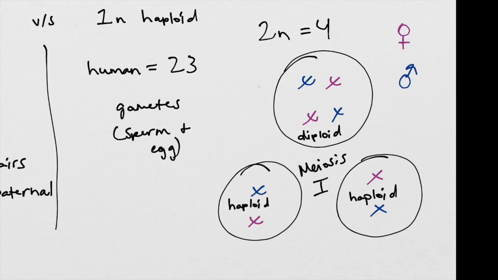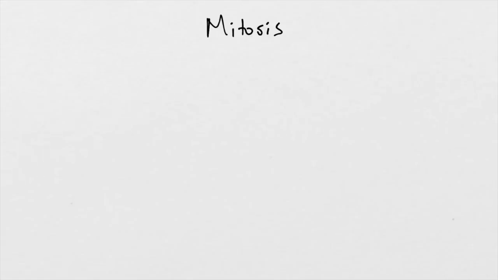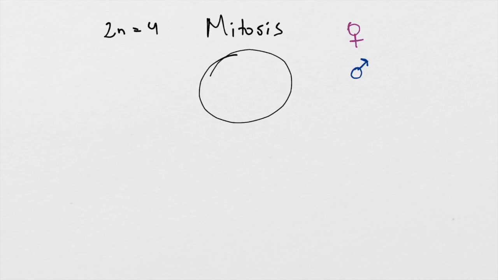So those two cells are at the end of meiosis 1, right? Let's look quickly back at mitosis. Let's go back to our 2n equals 4 example. I'm going to stick to my blue and pink designations. All right, so here's our cell.